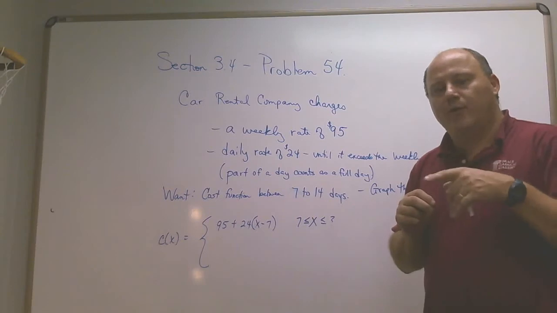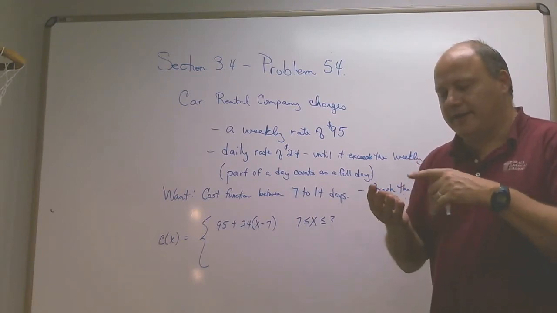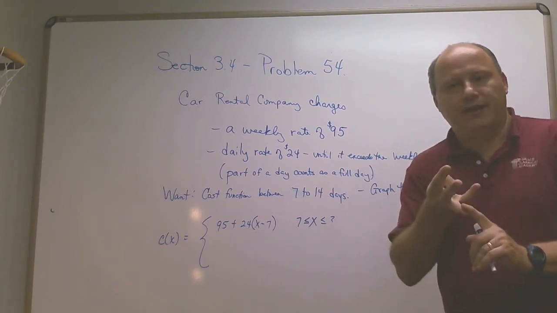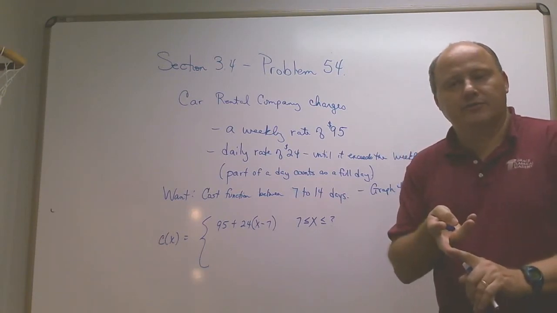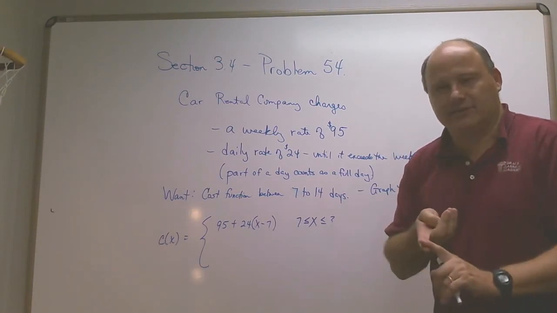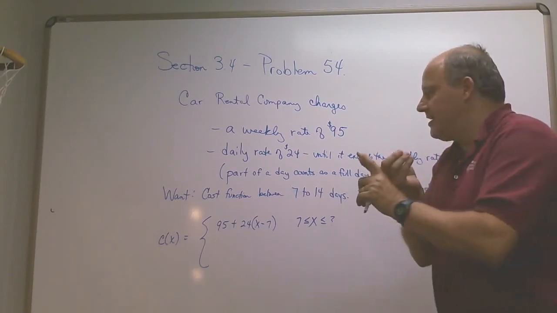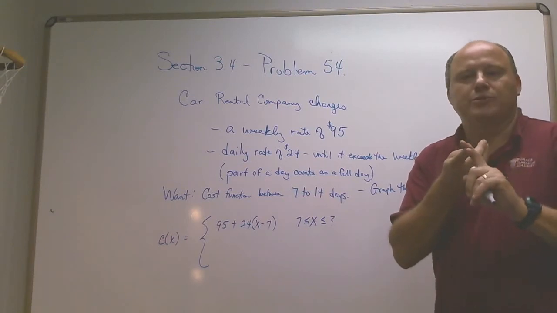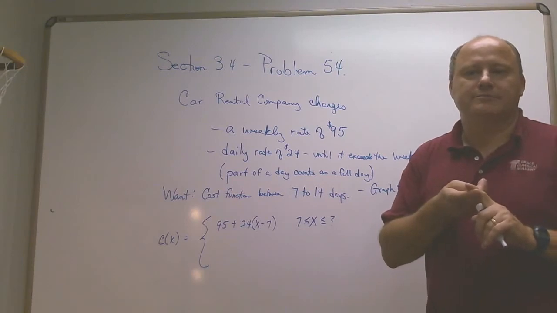And it keeps going that way until it exceeds the $95. If you just think about it, $24 for one day, $48 for the second extra day, then $72, and then $96. That $96 one is when it exceeds the 95. So on that 4th extra day, you might as well just go ahead and be charged for 2 weeks.